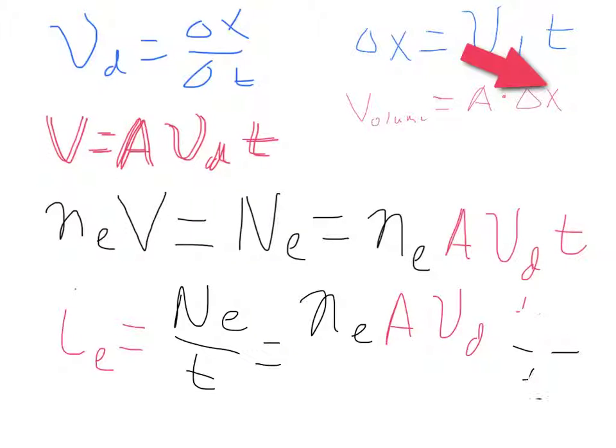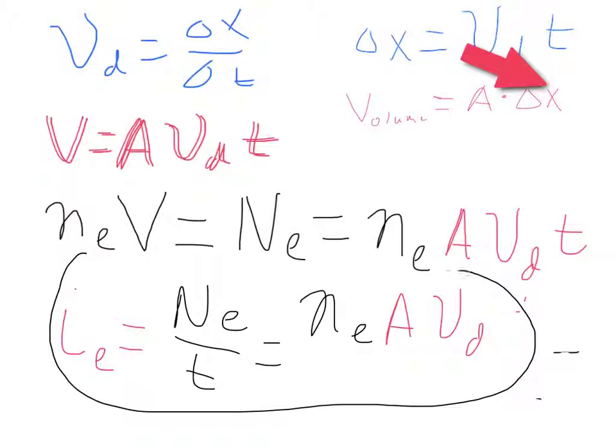Bye-bye. And so you're left with I_e equal to n_e A v_d.